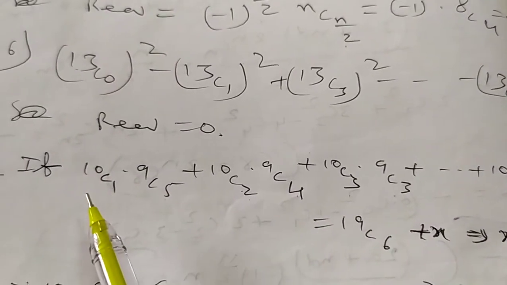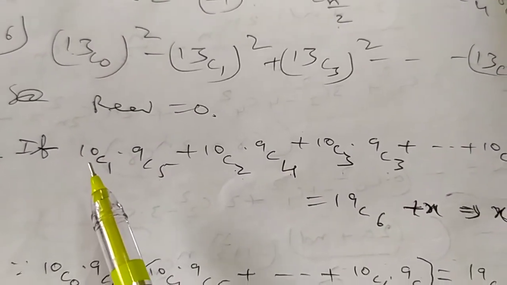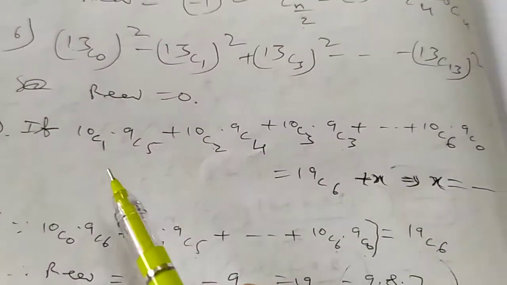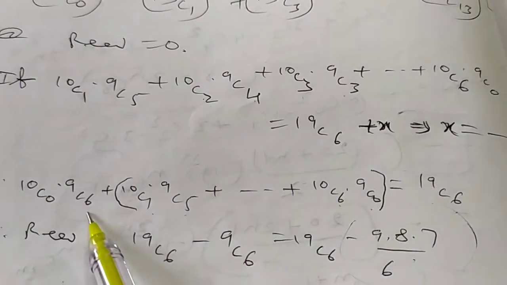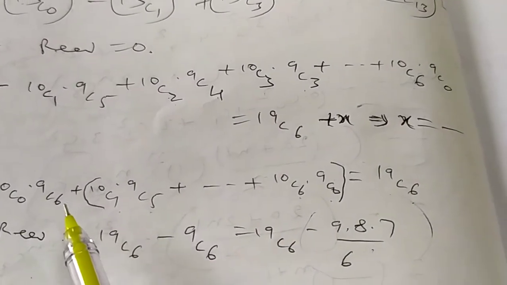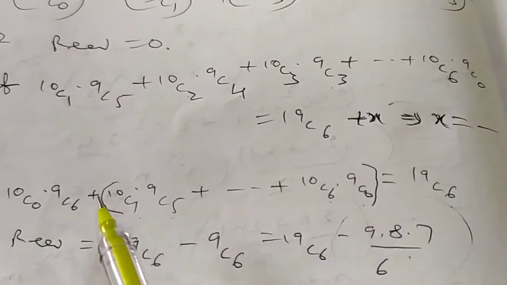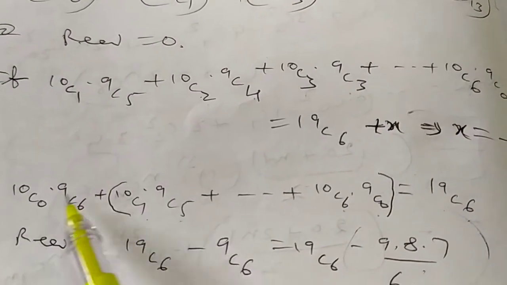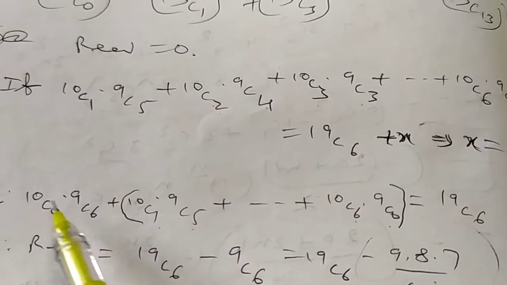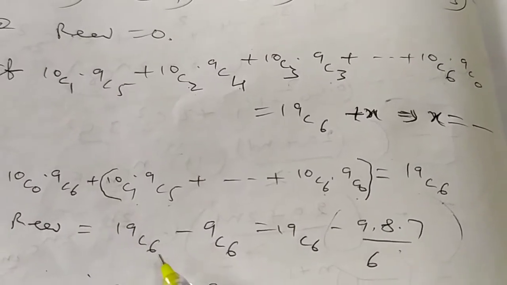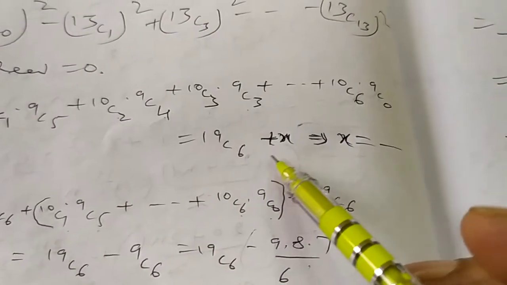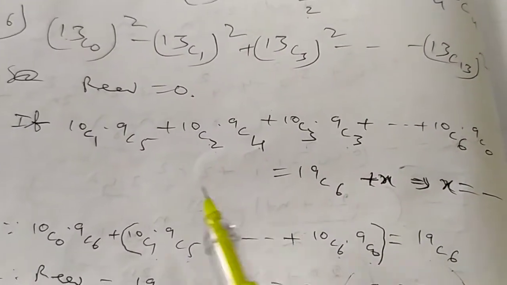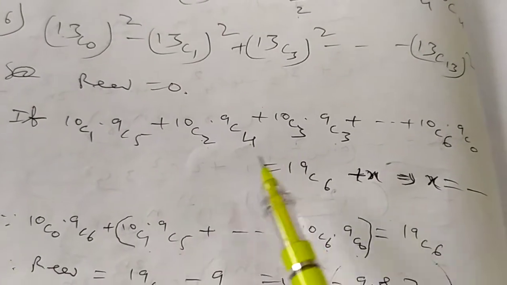But the first term is missing, so we have to add and subtract that term. The first term is 10C0 into 9C6. So adding the term on both sides, from that formula this is equal to 10 plus 9 C6, 19C6. So by using that we can find the value of x by simplifying. See the class notes, clearly you can understand.